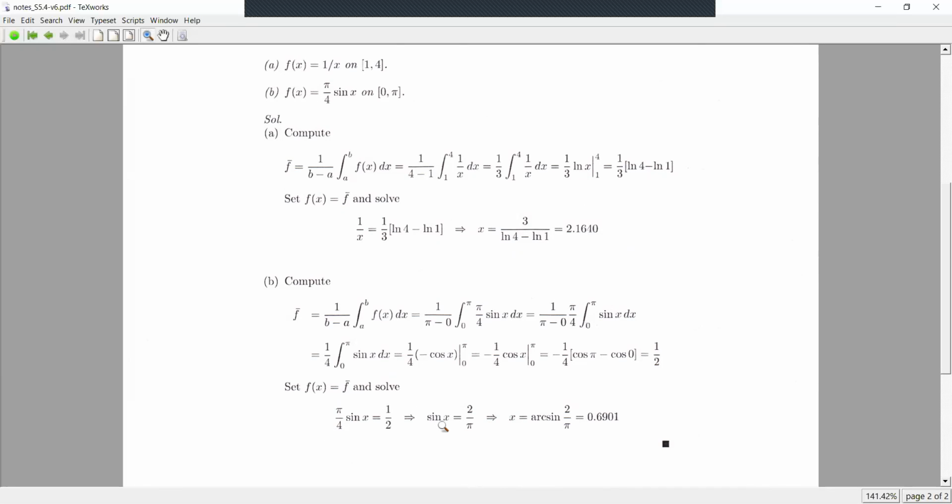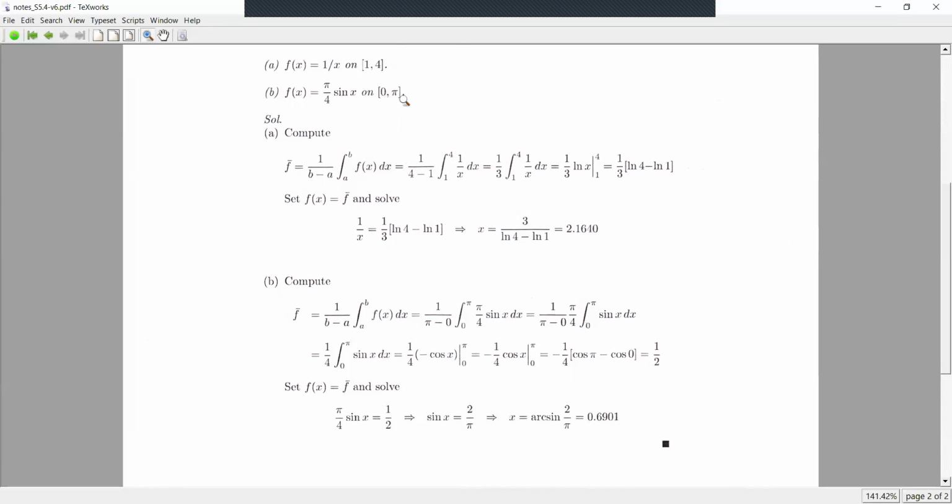Now to find x, take inverse sine on both sides. So x is arcsine of 2 over pi. Arcsine is inverse sine. By calculator, arcsine of 2 over pi is 0.6901. This point clearly is between 0 and pi.